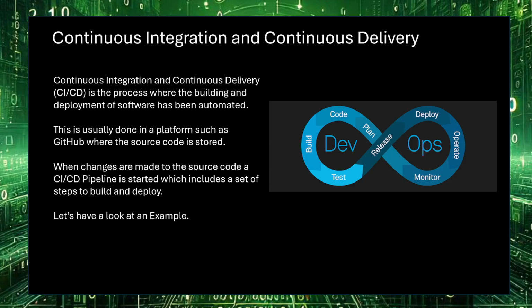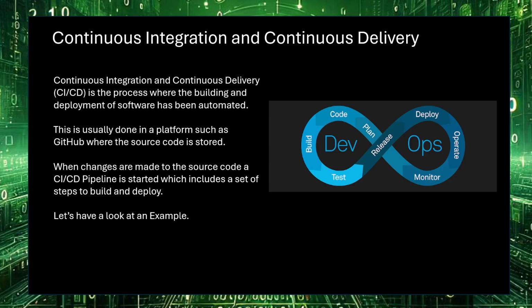So let's go over some of the parts here. We're not going to cover everything about DevOps in this video. This is very much more of an introduction to DevOps and some high-level features. But what I did want to go over first is what is CI/CD, or continuous integration and continuous delivery, also sometimes called continual delivery. Continuous integration and continuous delivery is the process where the building and deployment of software has been automated.